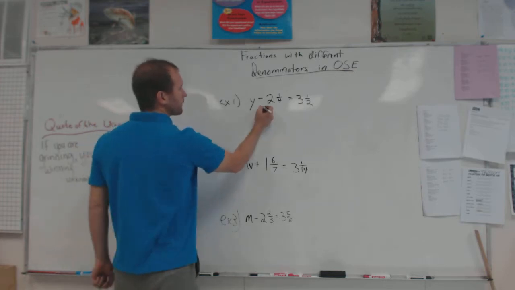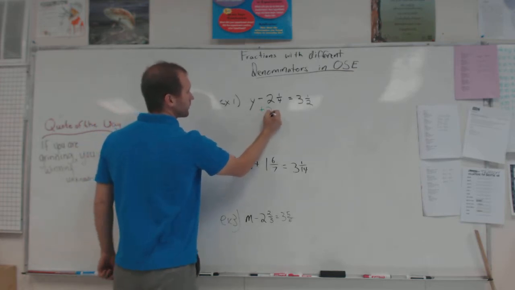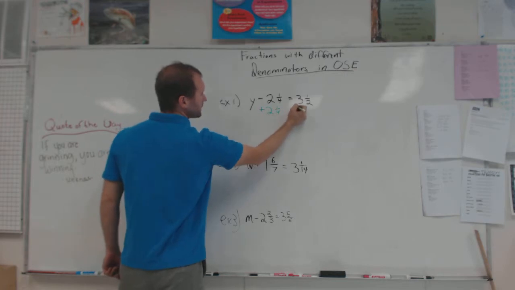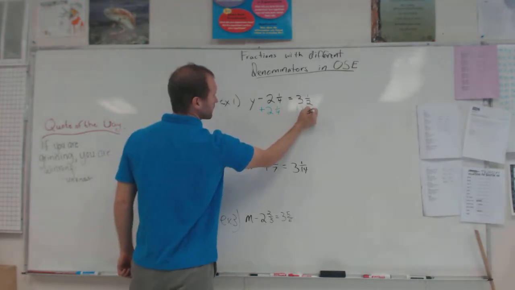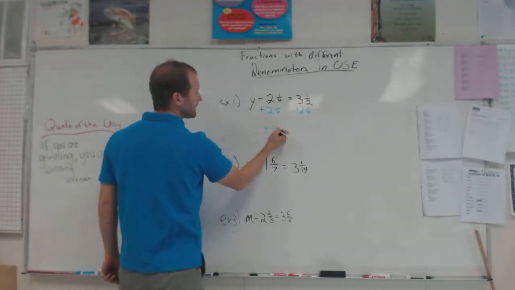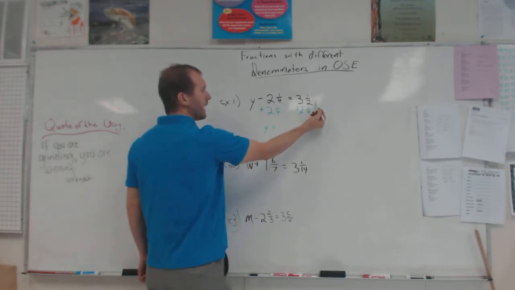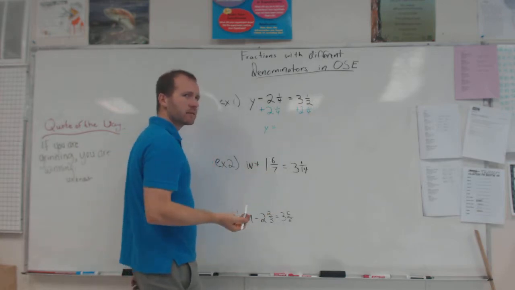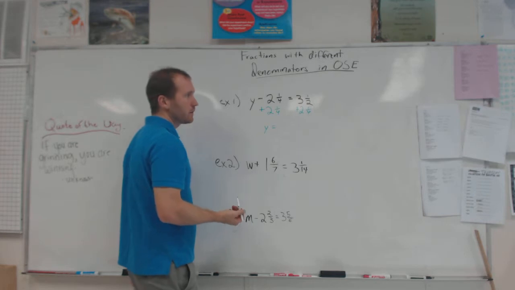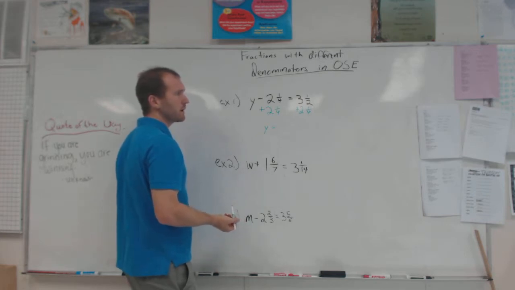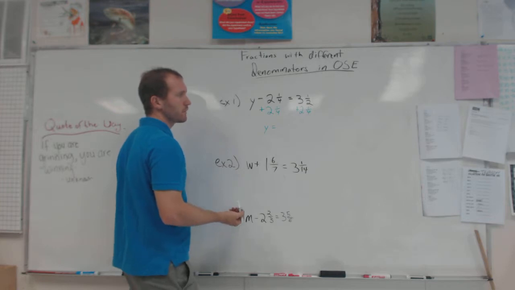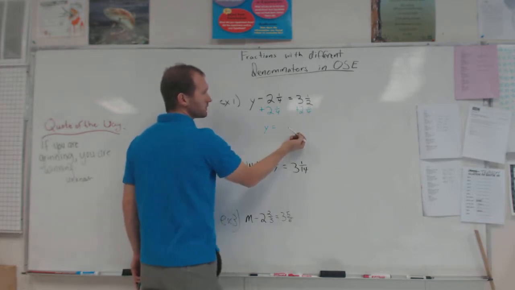First step. Add 2 and 1/4. What do I immediately notice? I have a half plus a fourth. I don't have the same denominator. What can I do to get the same denominator? Multiply which by 2?